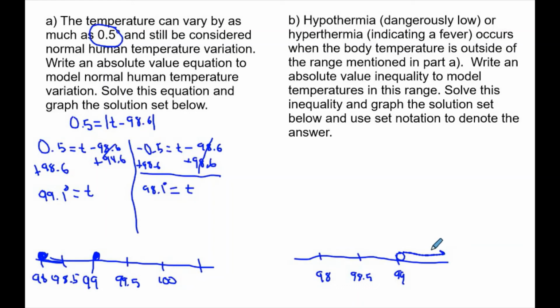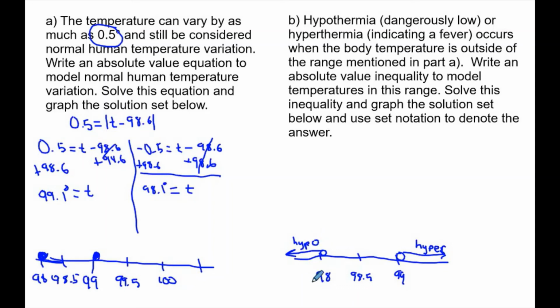If I go this way, I have hyperthermia, hyper meaning above. And if I have 98.1 here, again, open circle because at 98.1 I'm still considered okay. And I go this way, that would be hypothermia.